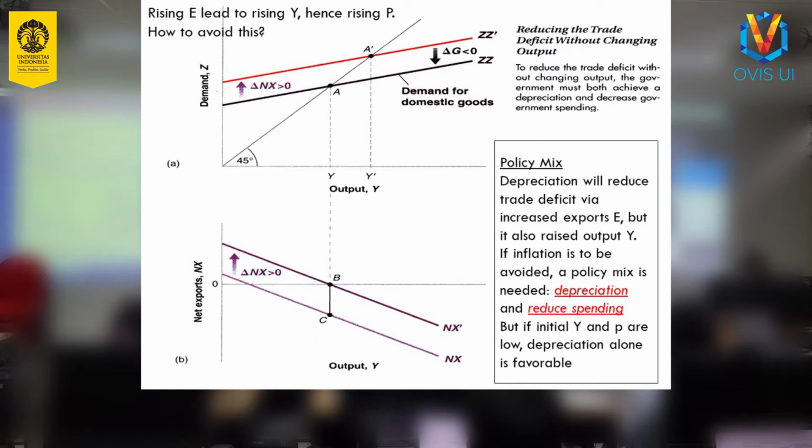Reduce the government spending. Okay, so this is the first example of what they call policy mix. So, what is the mixture? The mixture is, in this case, currency depreciation and reducing the government spending. So this is an example of policy mix here.